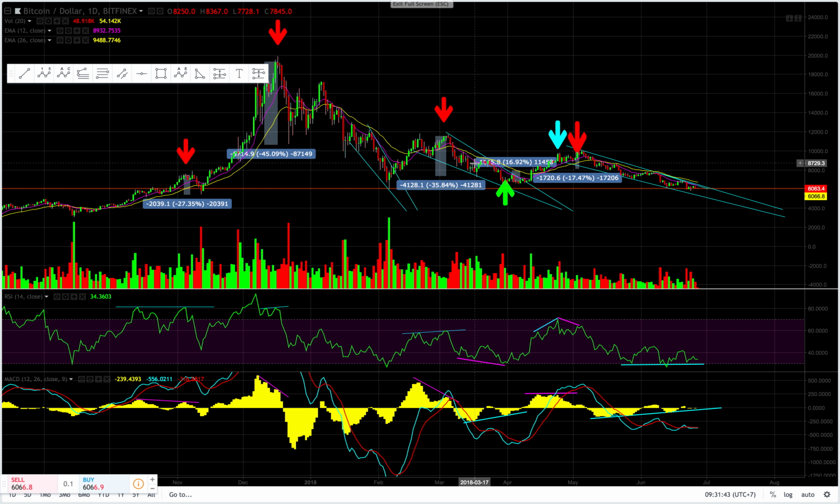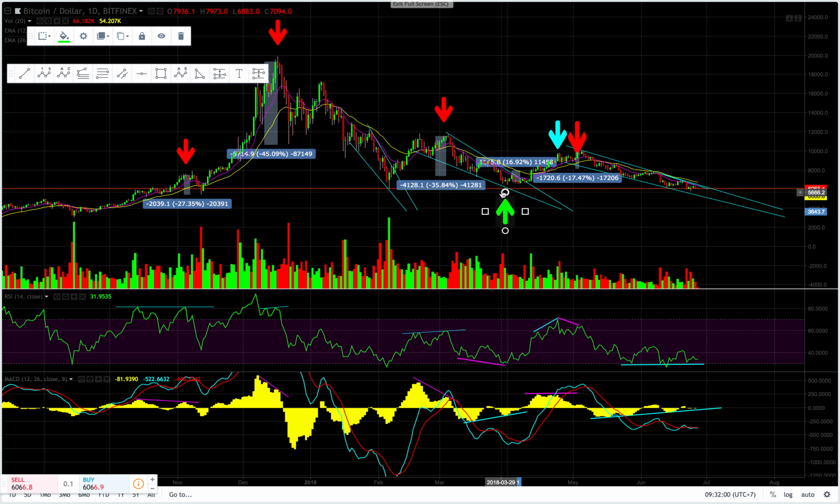The RSI is lower over here. Wait, am I getting this wrong? Close of the candle is, sorry, 8,600. The close of the candle here, 7,800. So the price is going down and the RSI is also going down. That's nothing out of the ordinary.